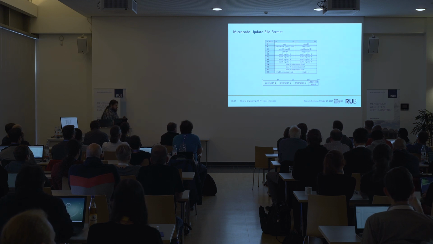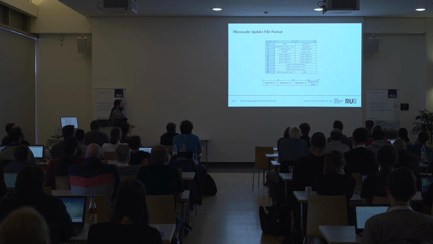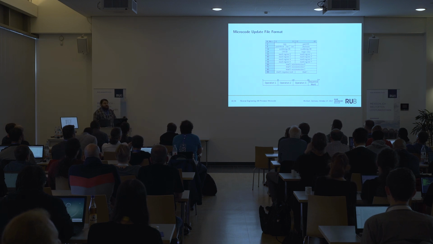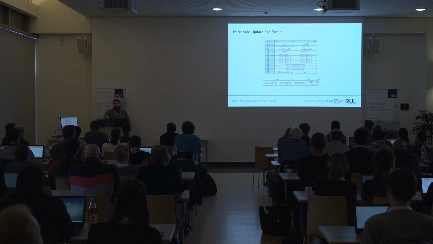A triad is 3 microcode operations, each 64 bits long, followed by a 32-bit sequence word. The sequence word just tells the microcode engine what to do next. These range from branch to this address in the ROM, return decoding to x86, and some call and return functionality.